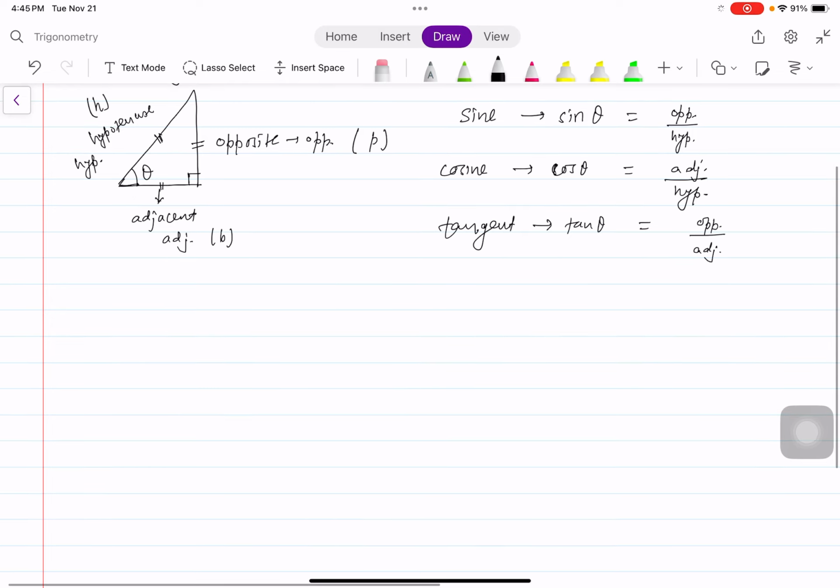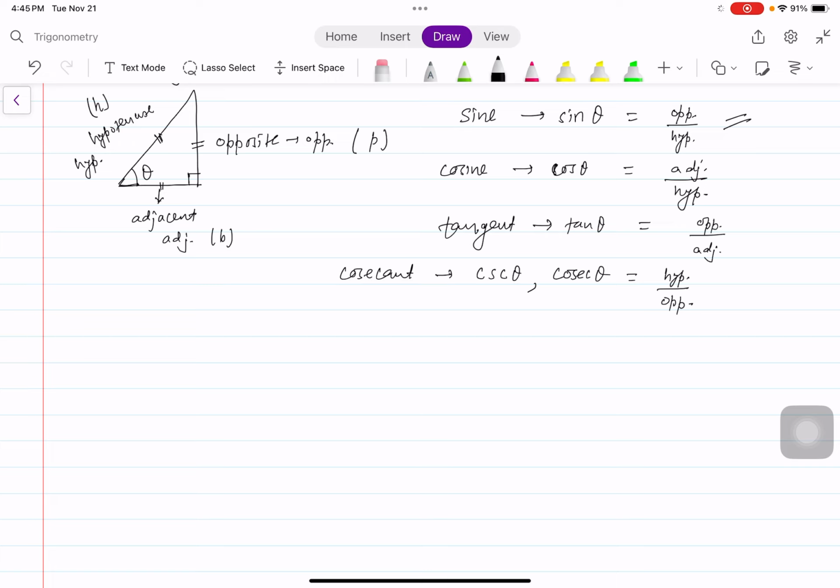There are 3 more ratios or functions. Cosecant, which is shorthand written as csc, or some people also like to write cosec. This is given by the reciprocal of sine, so hypotenuse over opposite side.